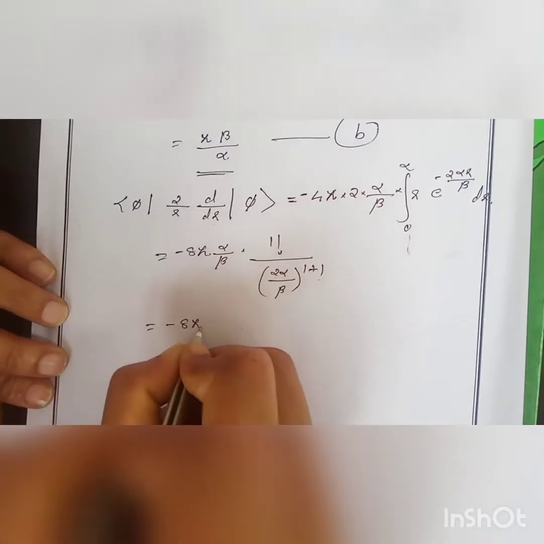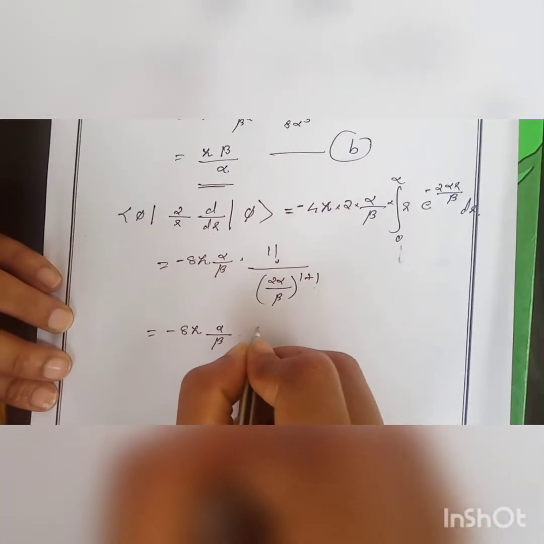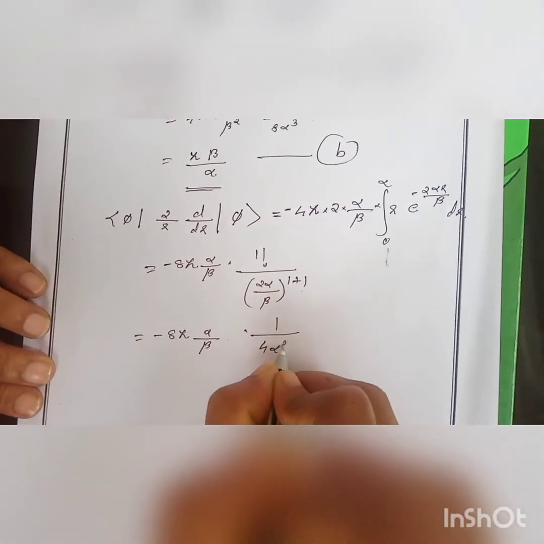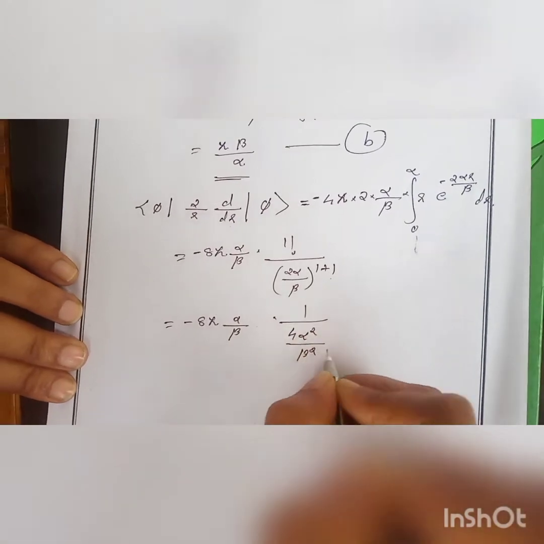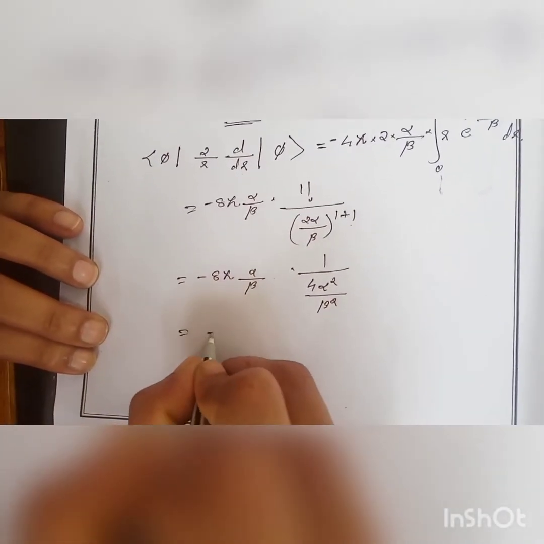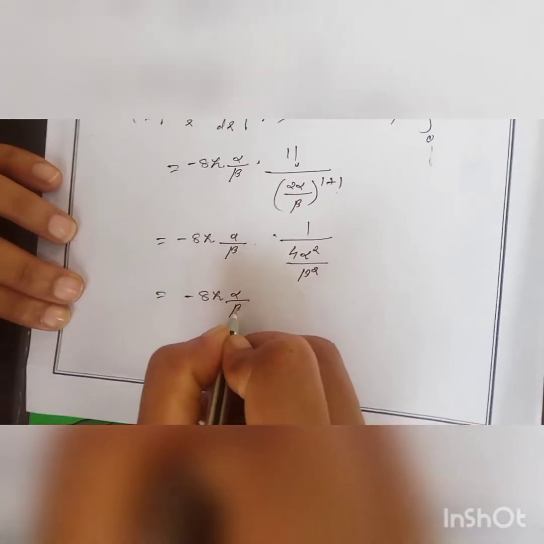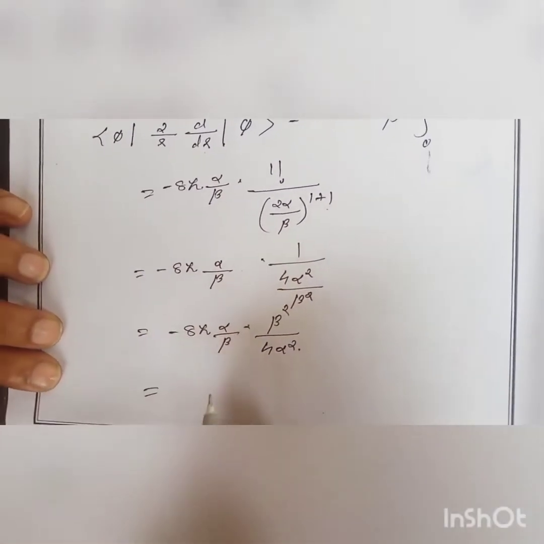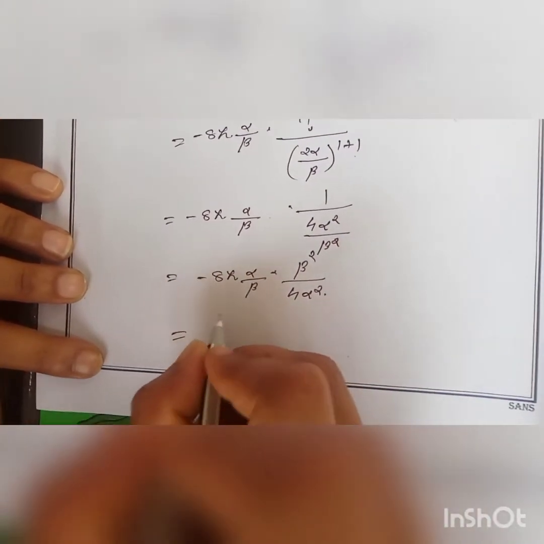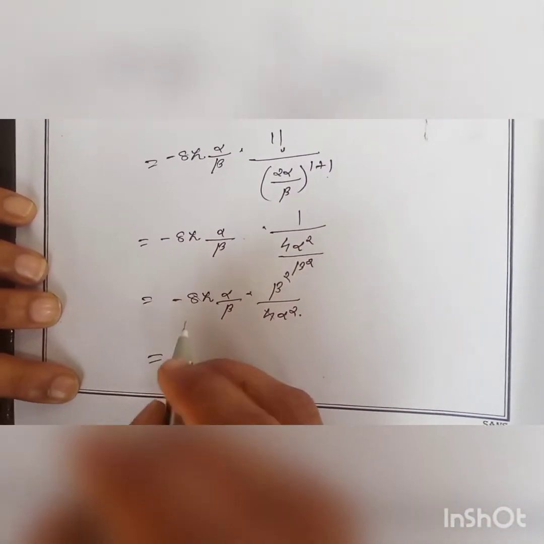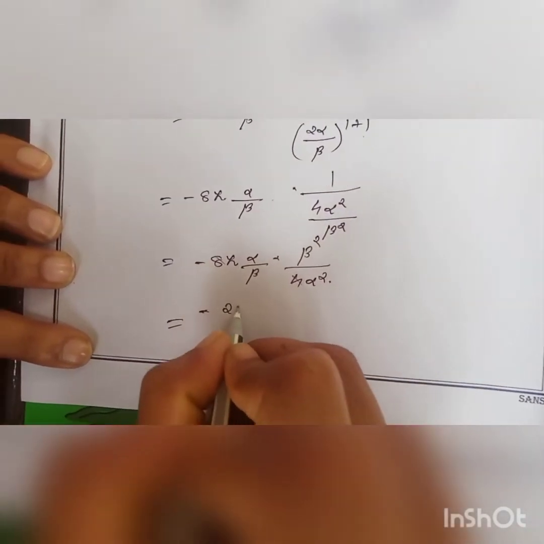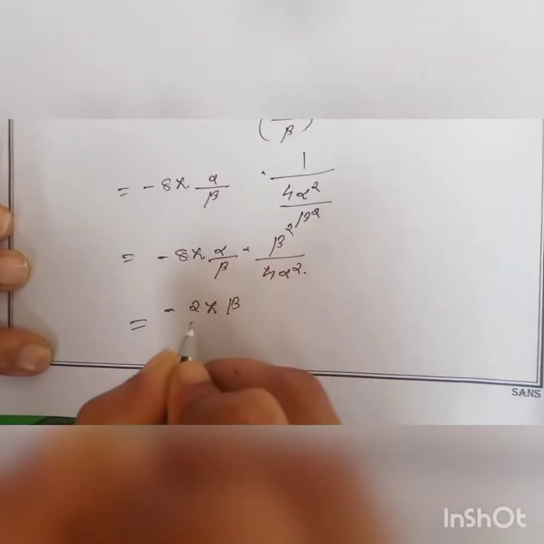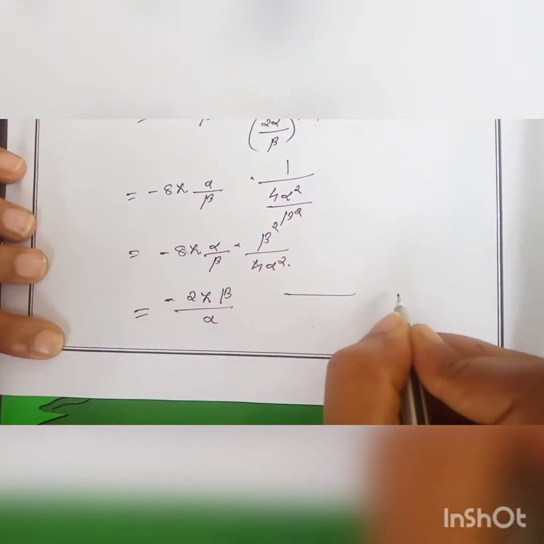It is equal to minus 8 pi alpha by beta into 1 divided by 4 alpha square divided by beta square, which is equal to minus 8 pi into alpha by beta into beta square divided by 4 alpha square, which is equal to minus 2 pi beta by alpha. This is equation number C.